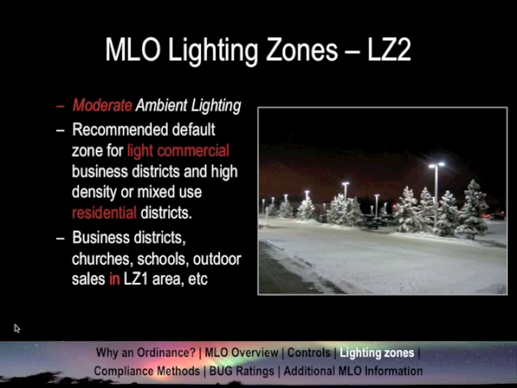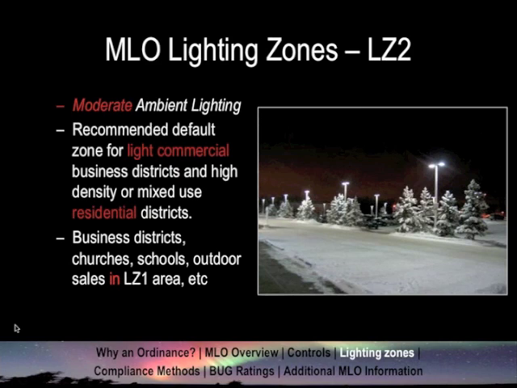By the way, some cities are even looking at vertical zoning, where the main street level is one zone. This may be lighting zone 2, but the residential up above on floors 2, 3, and 4 and above may be lighting zone 1. And this is really easy to do.